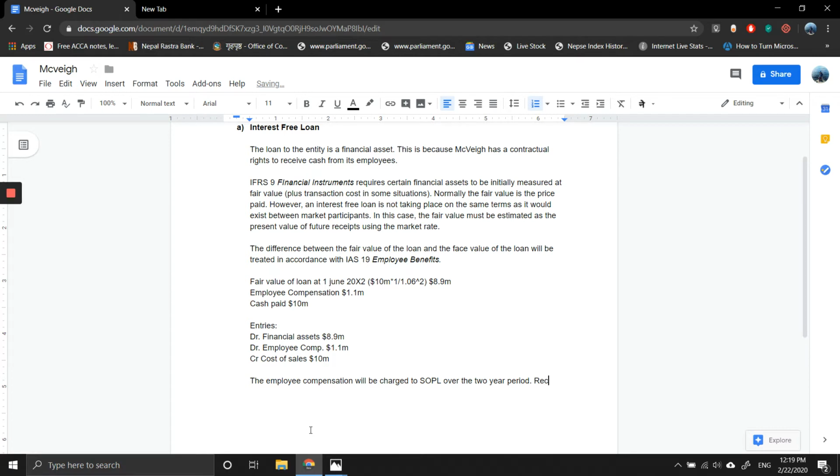Recognizing it on a straight-line basis would lead to half being charged in profit or loss in the current period, whereas the other half would be recognized as a prepayment on the SOFP, so as an advance.